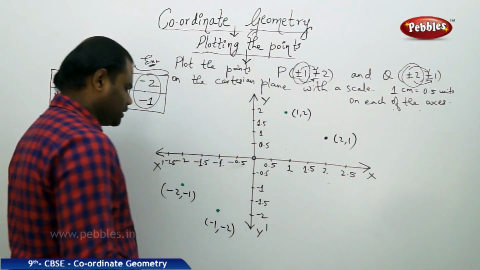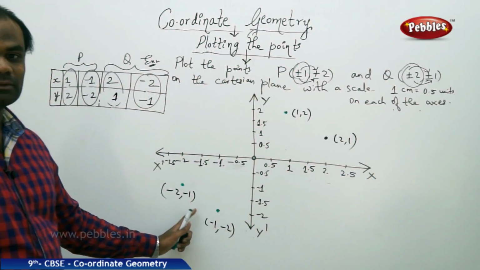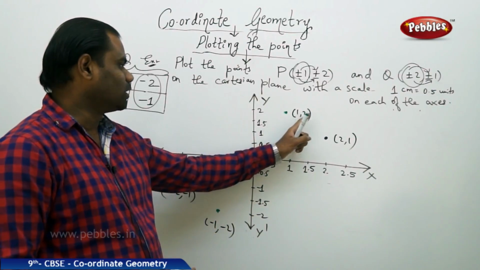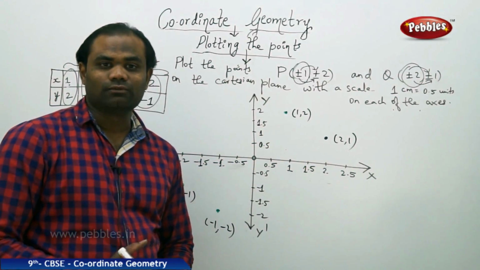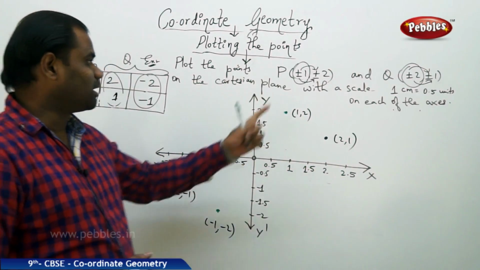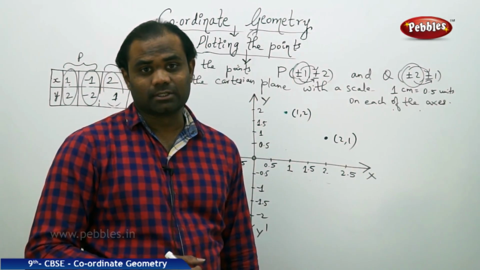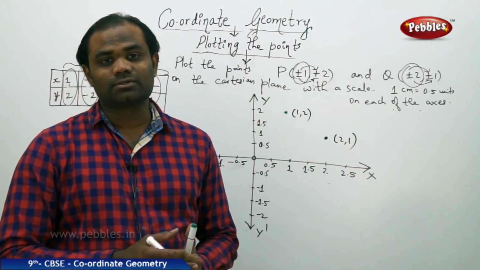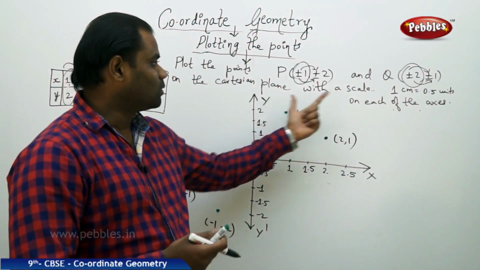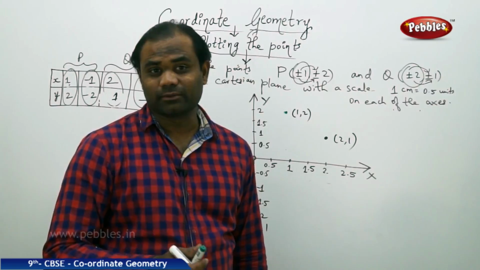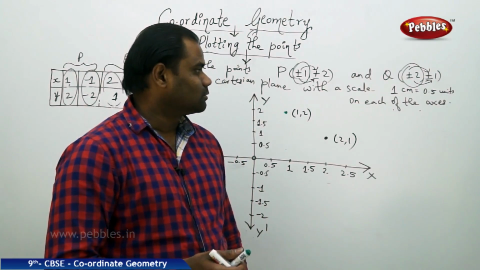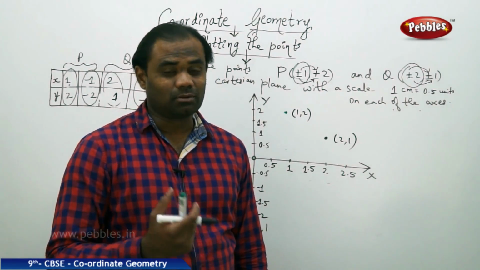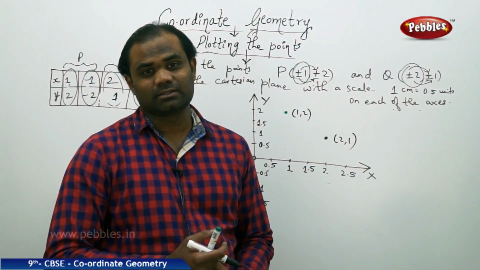So I have the coordinates minus 2, minus 1, minus 1, minus 2, 1, 2, and 2, 1. The 4 coordinates denoted by P and Q are plotted on this Cartesian plane using the scale 1 centimeter equals 0.5 units on both x and y axis.